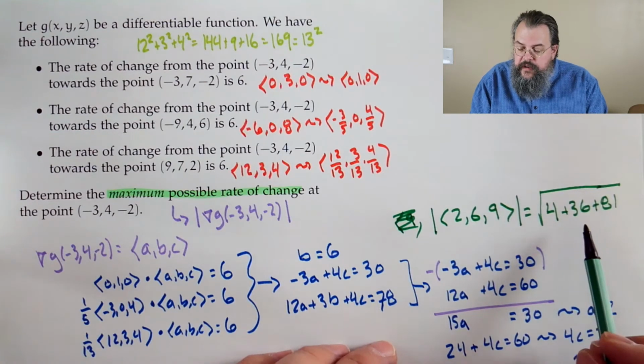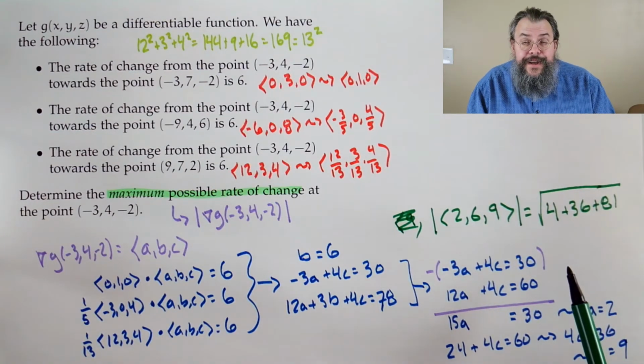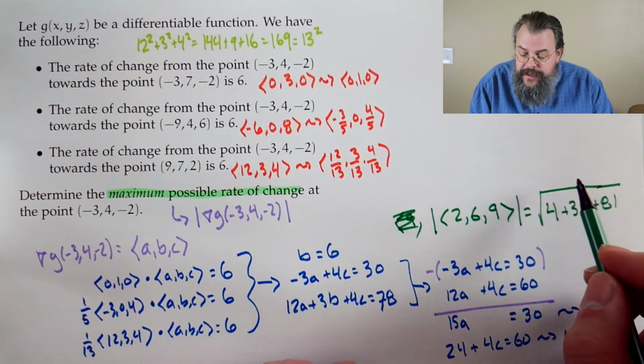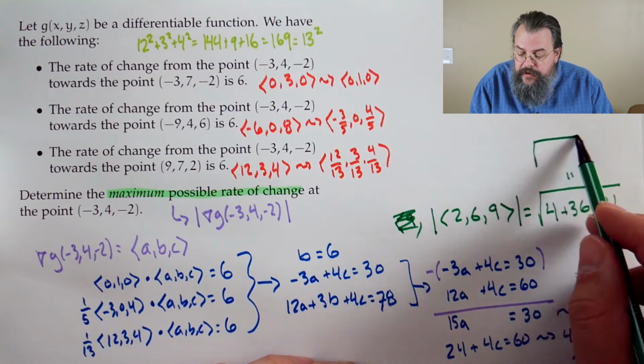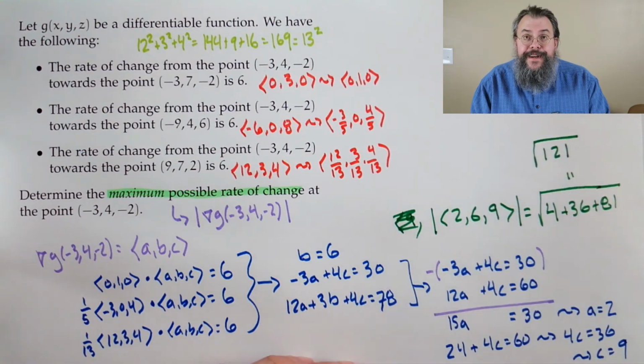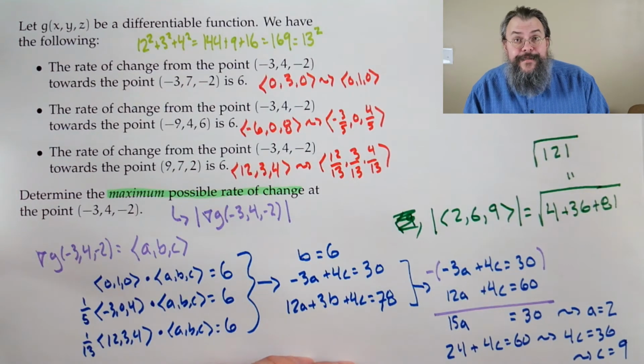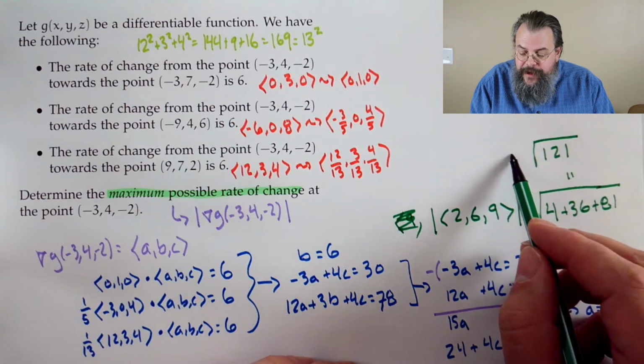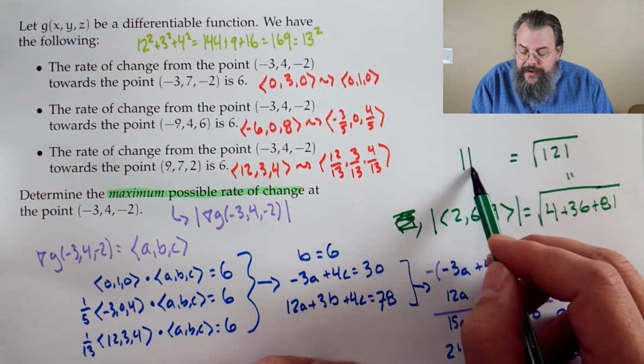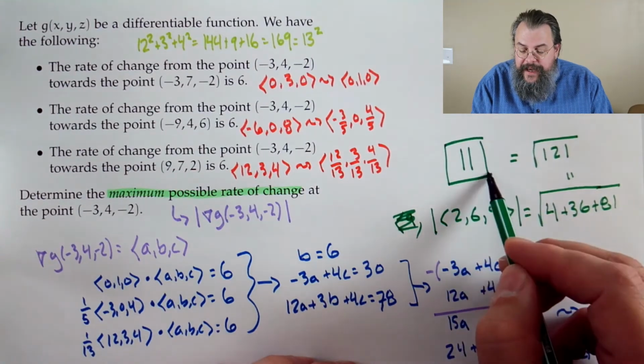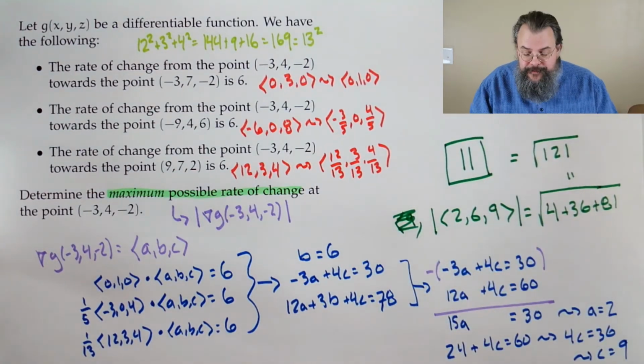Well, 4 plus 36, that's 40. Add that to 81, gets you up to square root of 121. And that's another nice number. So we end up with 11. And that's the final answer.